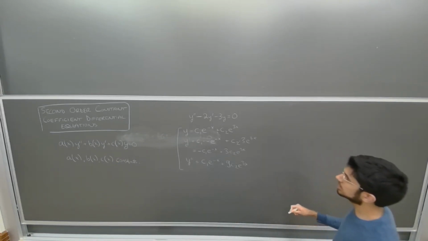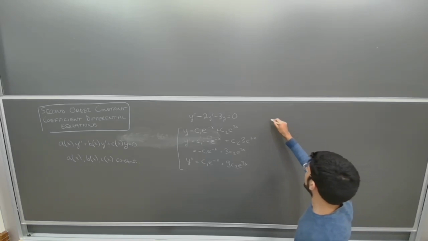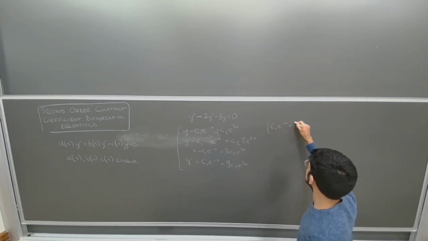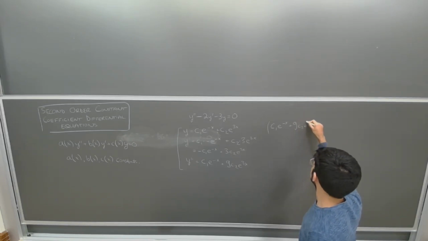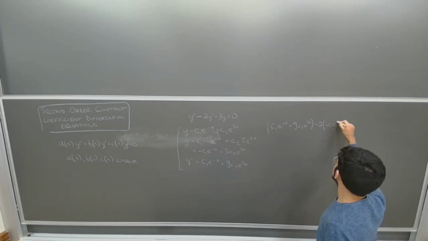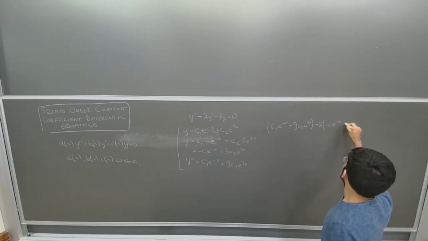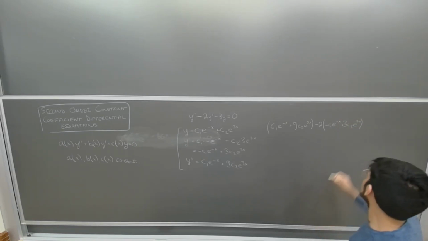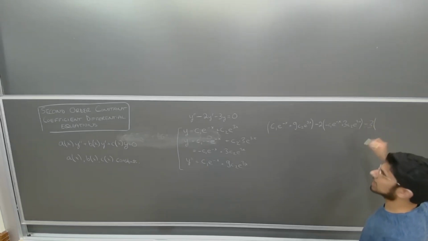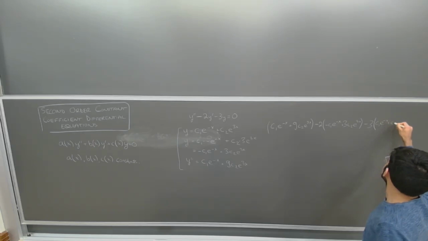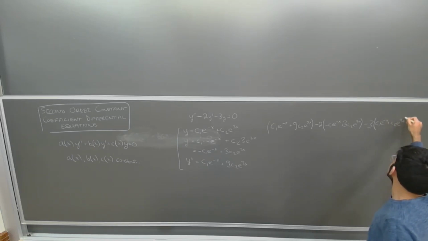So let's do that over here. So y double prime is c1 e to the negative x plus 9 c2 e to the 3x. We're subtracting 2 times negative c1 e to the negative x plus 3 c2 e to the 3x. And then we're subtracting 3 times y, which is c1 e to the negative x plus c2 e to the 3x.